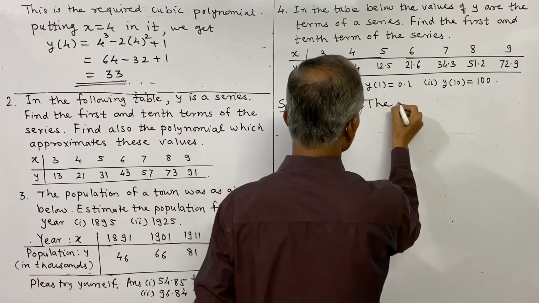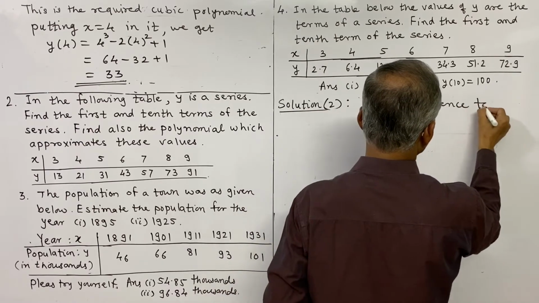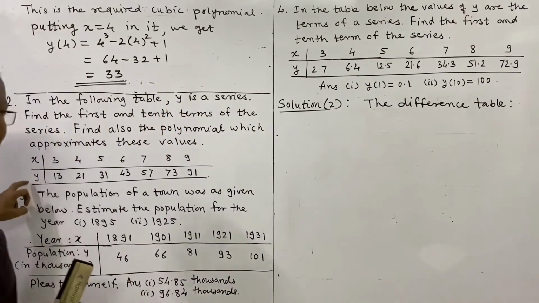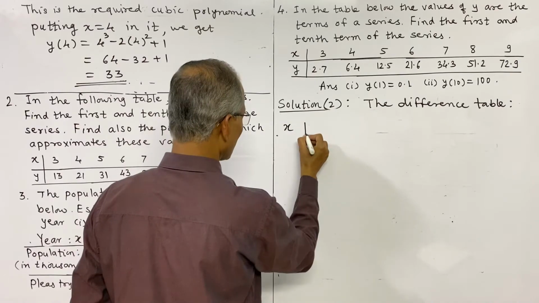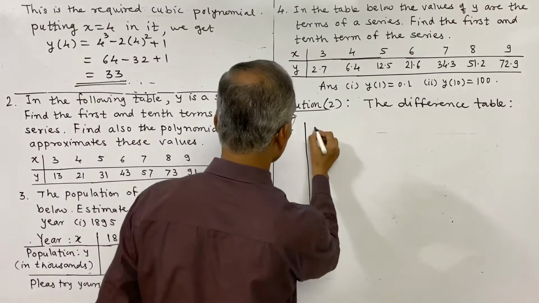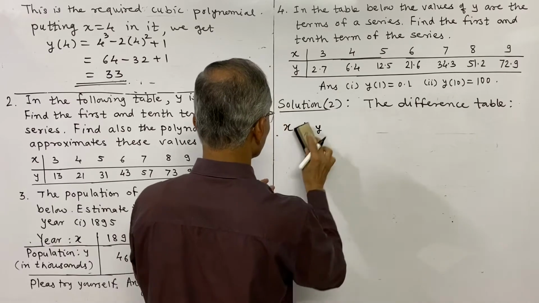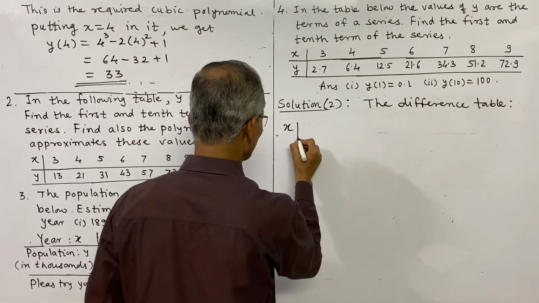The difference table is here. These are the values of x and y. Now I shall consider the values of x here and then the values of y. So up to 9 values we have to write.